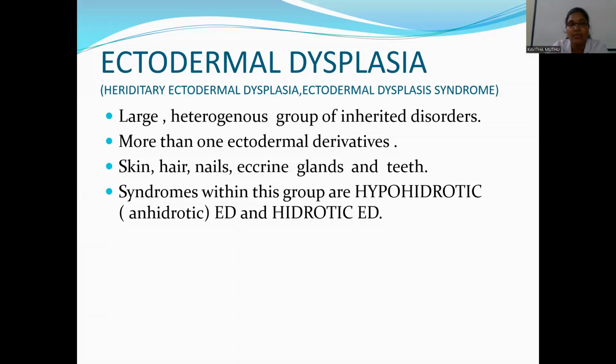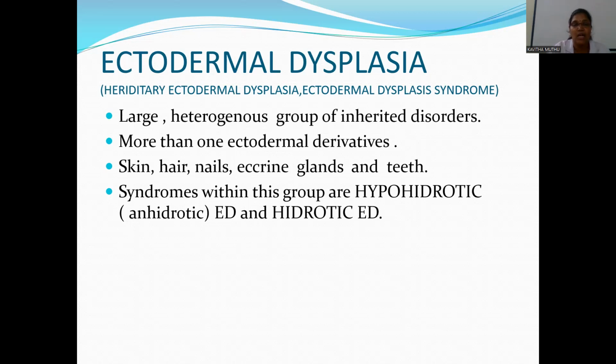The structures which derive from ectoderm are mainly the nails, hair, skin, etc. Right? So this disease exhibits abnormal manifestations in all these structures.